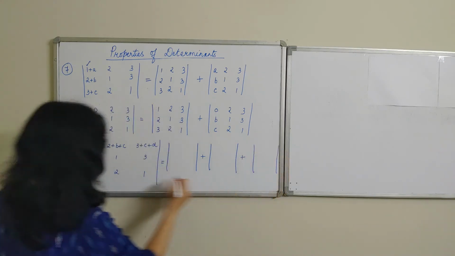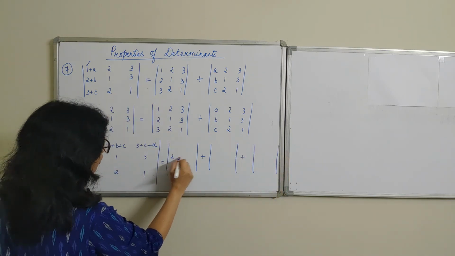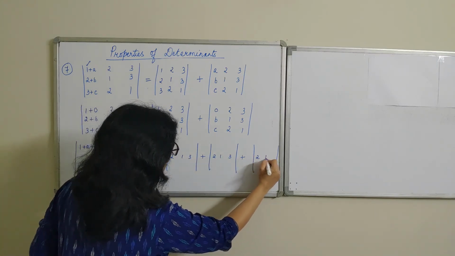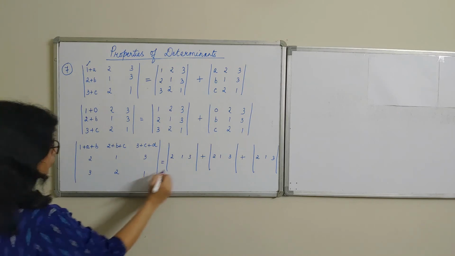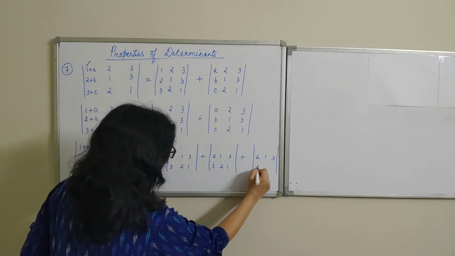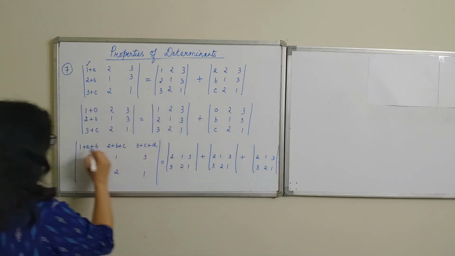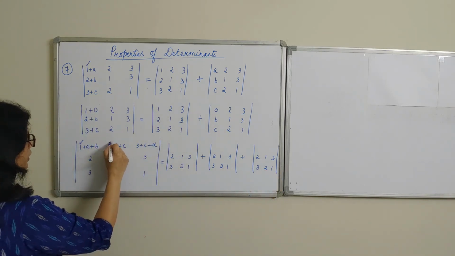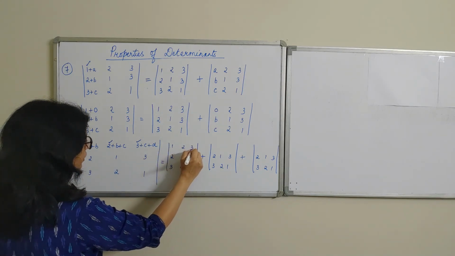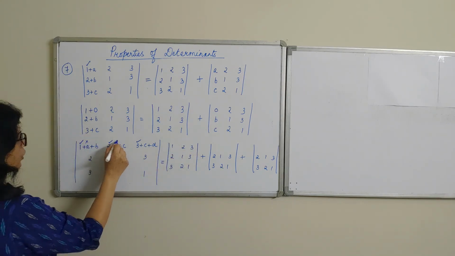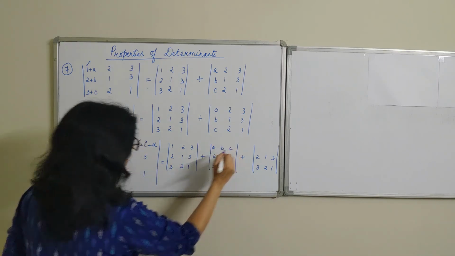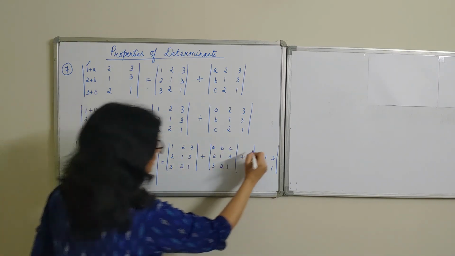In these determinants, the second row is the same, the third row is also the same, the first row in the first determinant will be the first set of elements 1, 2, 3, then take the next set of elements A, B, C, and the third set of elements B, C, D here.